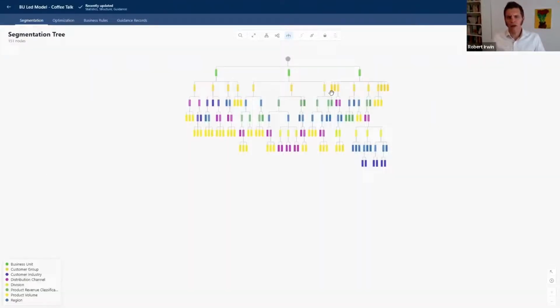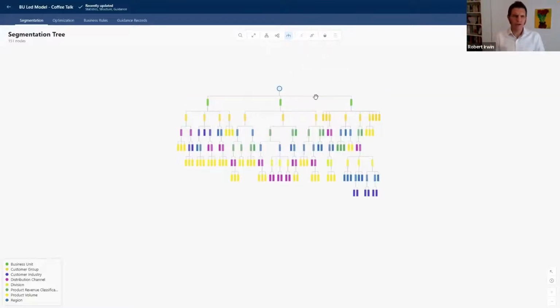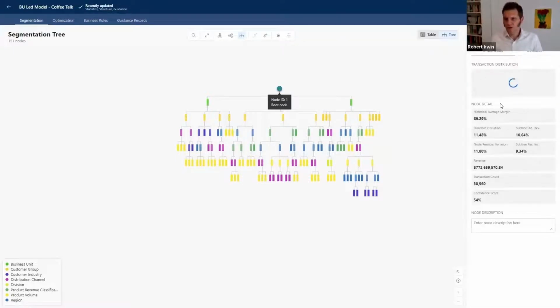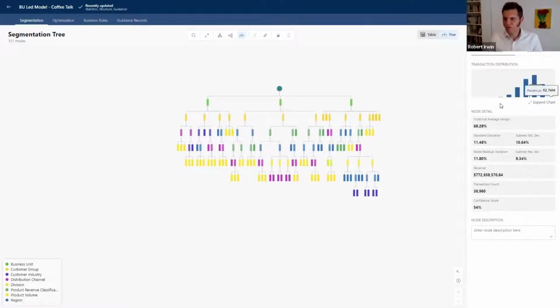So I have a segmentation model that I have created. Right now, I see there's 151 nodes in this tree. The distribution of data, and in this particular model, we are using margin percent as the model.